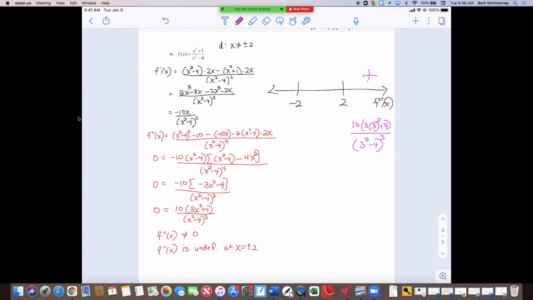No, I want to definitely plug into f double prime of x. Then let's suppose we plug in the 0. And do you see that's negative?